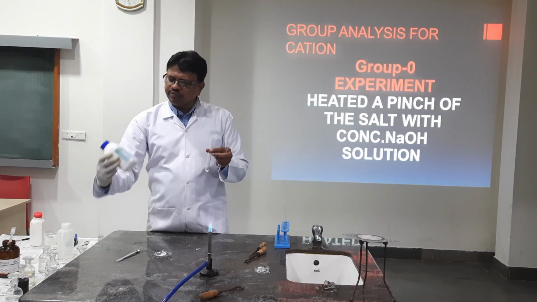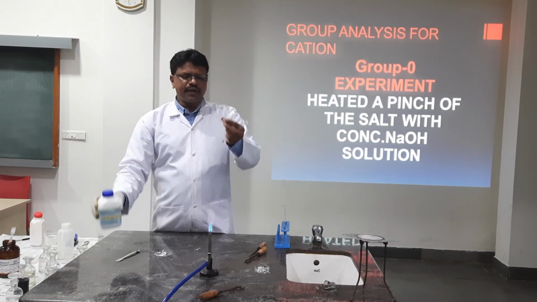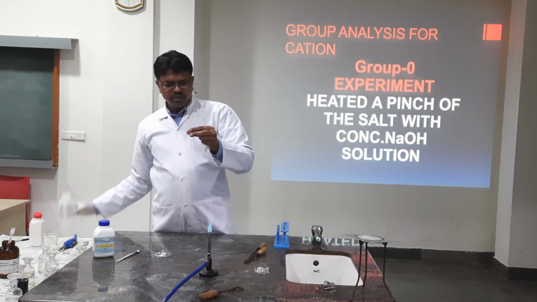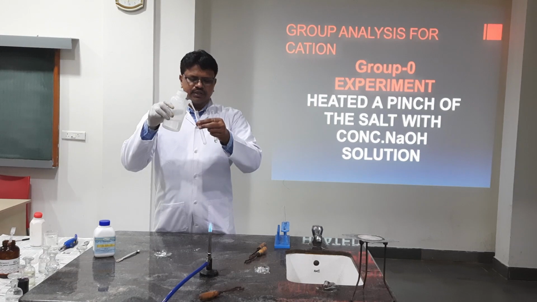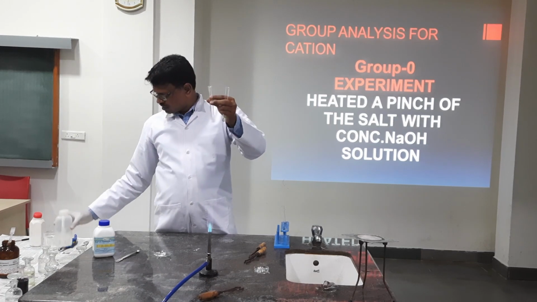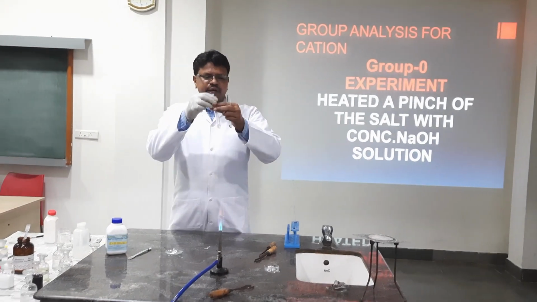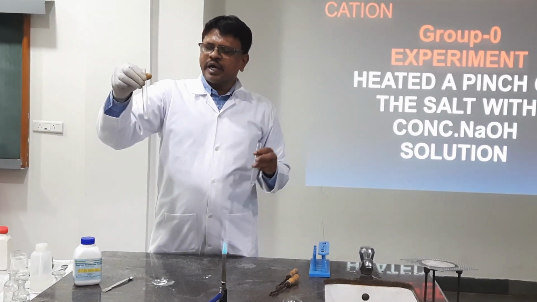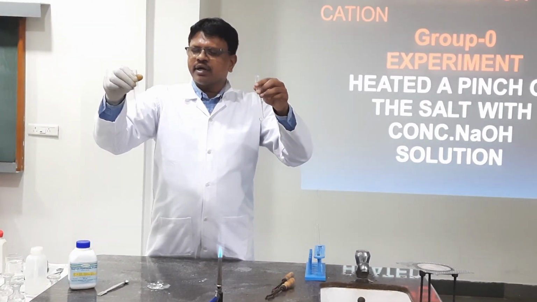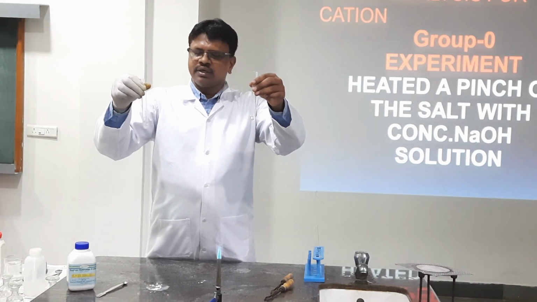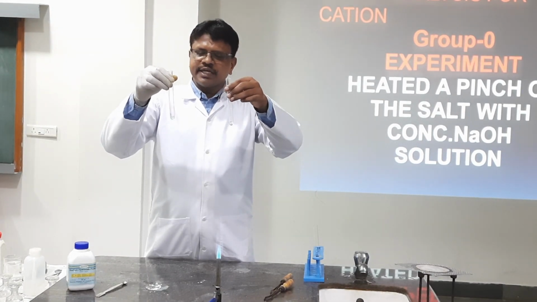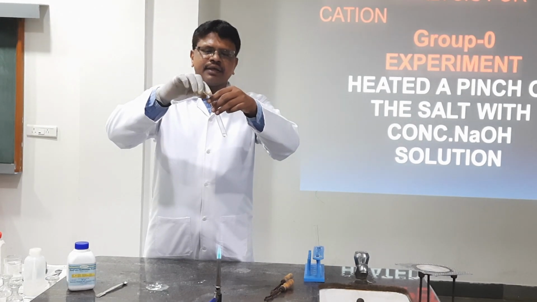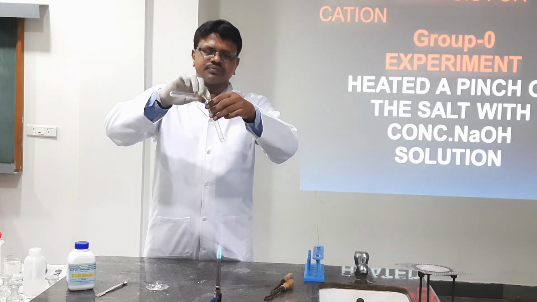I am going to prepare that from these sodium hydroxide pellets. 2 pellets are taken in this, and I am going to add distilled water. This is concentrated sodium hydroxide. When I add this concentrated sodium hydroxide to this OS, is there any observation you can notice? Then after adding, I should heat that solution.